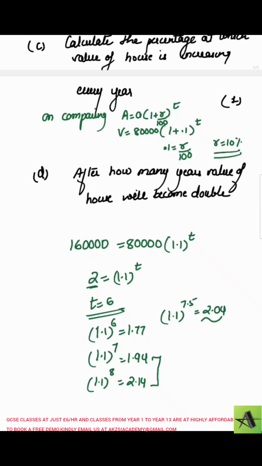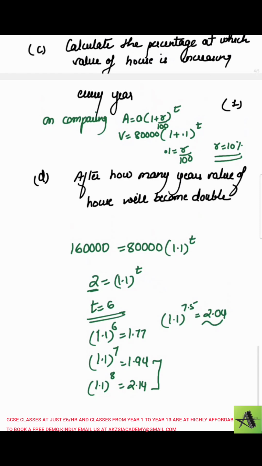Well, that's it for today. I have given you a brief description of what exponential growth is, what exponential decay is, and compound interest is also an example of exponential growth. So we'll be using the same formula in case of compound interest, which is a times (1 plus r over 100) to the power of t, because compound interest is always about the increment, so it's an exponential growth example.